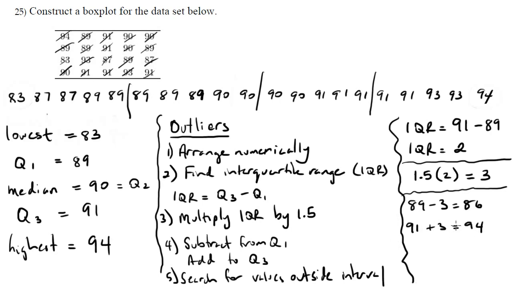So do we have any values outside of this range, outside of 86 to 94? Yes, we do. This value here, 83, is an outlier. It's outside of the range from 86 to 94. Every other value is within that range. So 83 is an outlier.